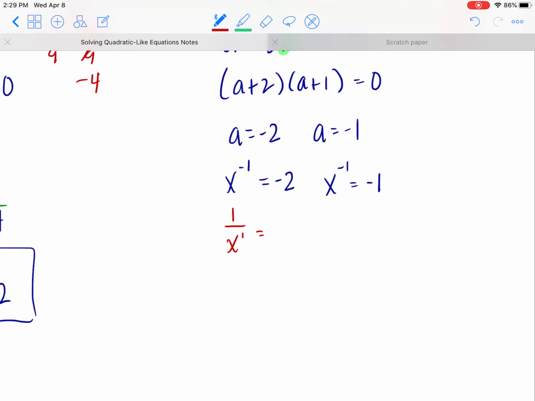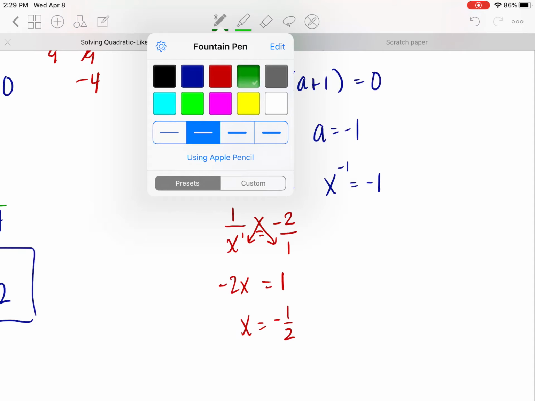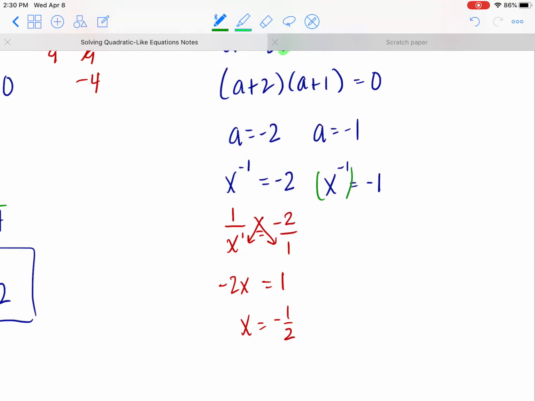So I'm going to do one of each on the other side, and then you can kind of choose. Okay? So here, let me do the cross multiply approach. We could say that this is 1 over x to the positive 1 equal to negative 2. And the negative 2, I could make a fraction by putting a 1 under it. Then I could cross multiply and say negative 2x equals 1.